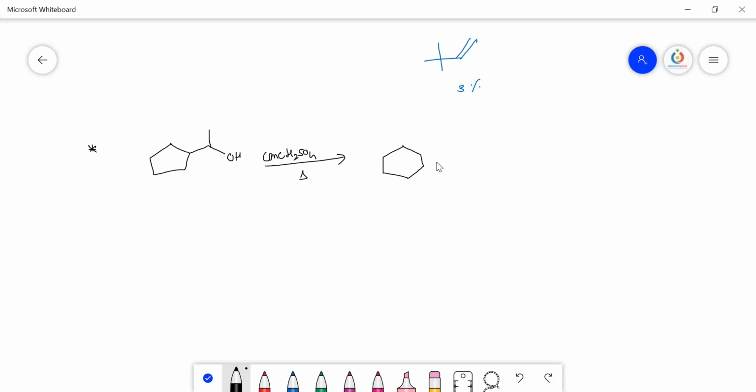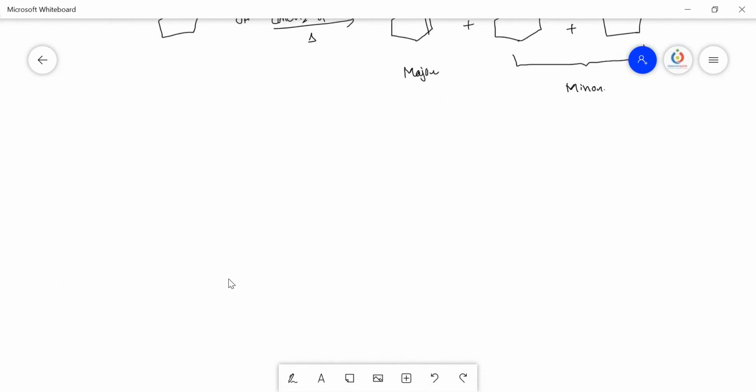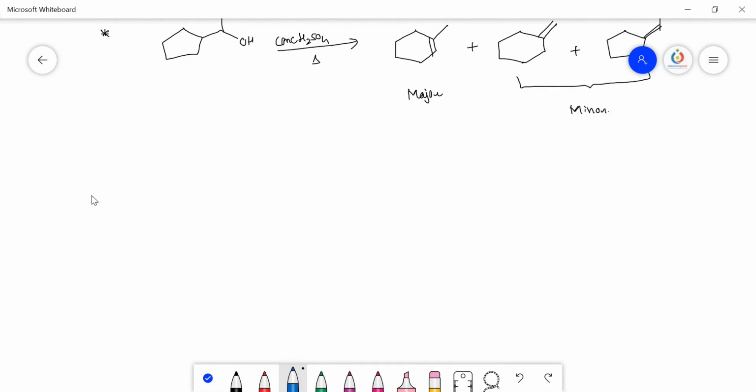So the products that are formed in this particular case: this is the one product, second product, third product. Among all these, this is the major product. These two are minor products. Anyhow, ring expansion is involved. So for this also I'll explain the mechanism. I'll go through the mechanism very fast so that we can cover the concepts.